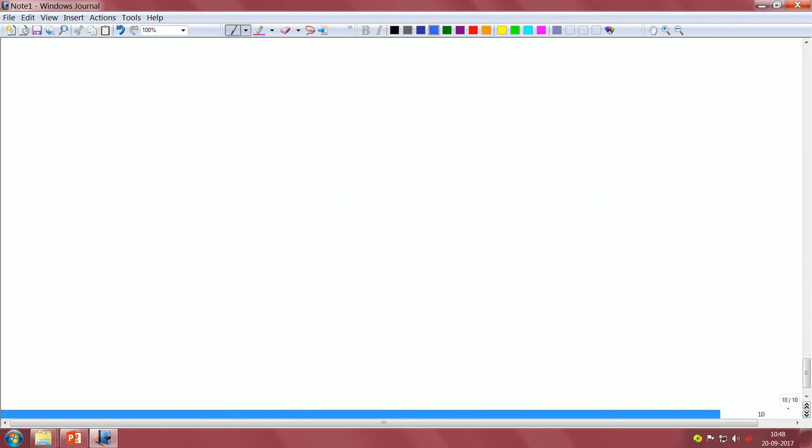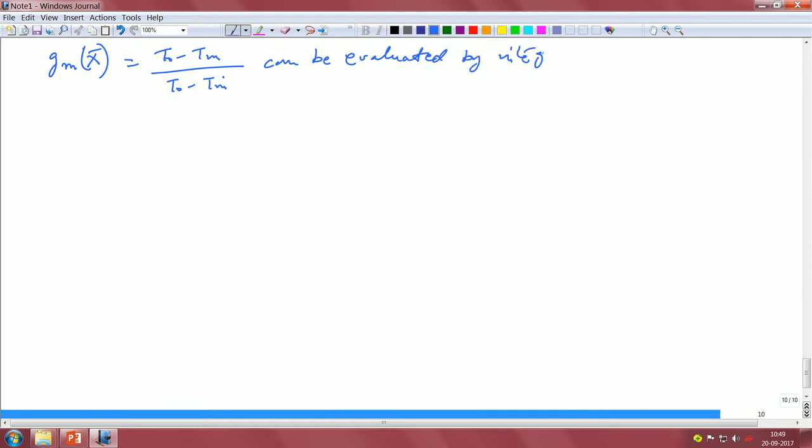From here to here we have got through these steps. Based on this, that is a good thing that we did. And how do we evaluate Gm(x bar)? Once again, if you recall, T naught minus T in. At every step we give this expression so that you do not lose track. This can be evaluated by integrating q naught double prime over x bar from 0 to x bar.